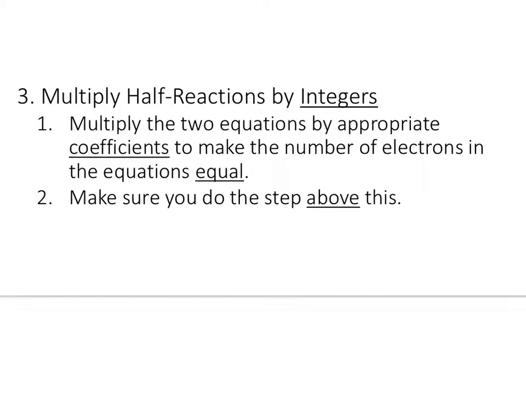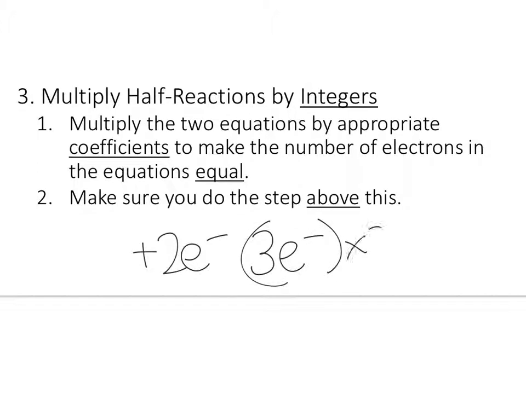Now, we need to multiply our half reactions by integers. Basically, they need to give and take away the same number of electrons. So, if one of them has 2 electrons, and the other has 3, then they need to both get to 6. So, 2 and 3. Then this one needs to times by 2, this one times by 3.